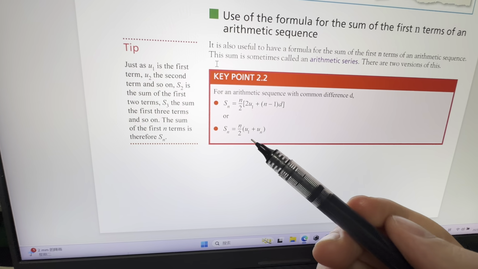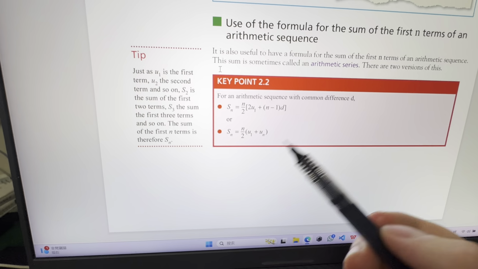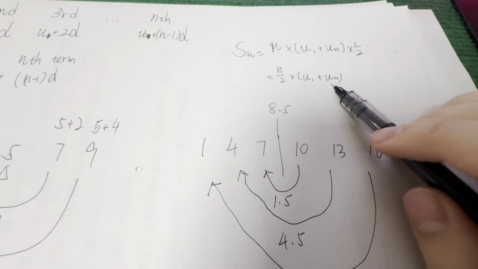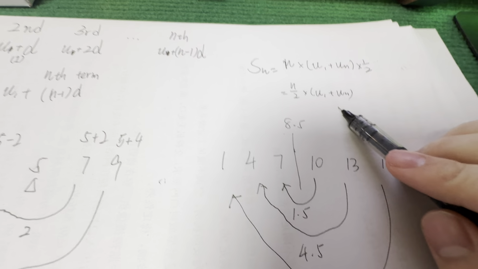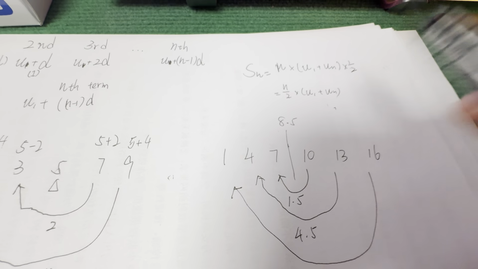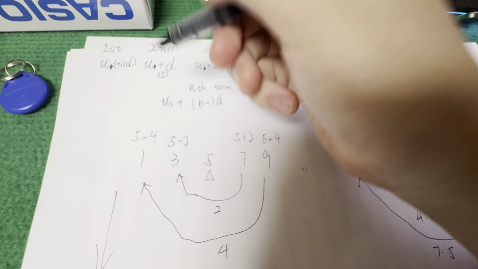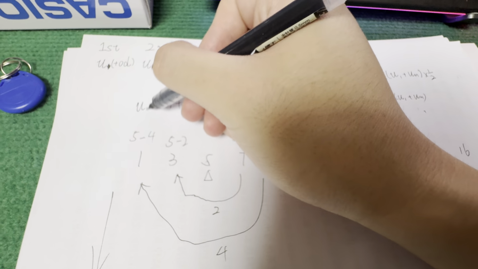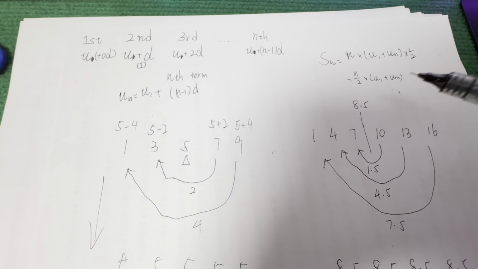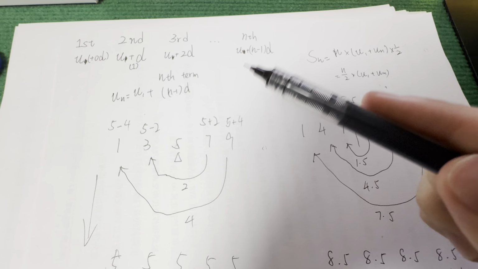How can we prove this? If you don't understand, just ask me. And what about the first formula? We can replace un, because un can be written as something related to u1, n, and d. Let's see. un is equal to u1 plus n minus 1 times d.